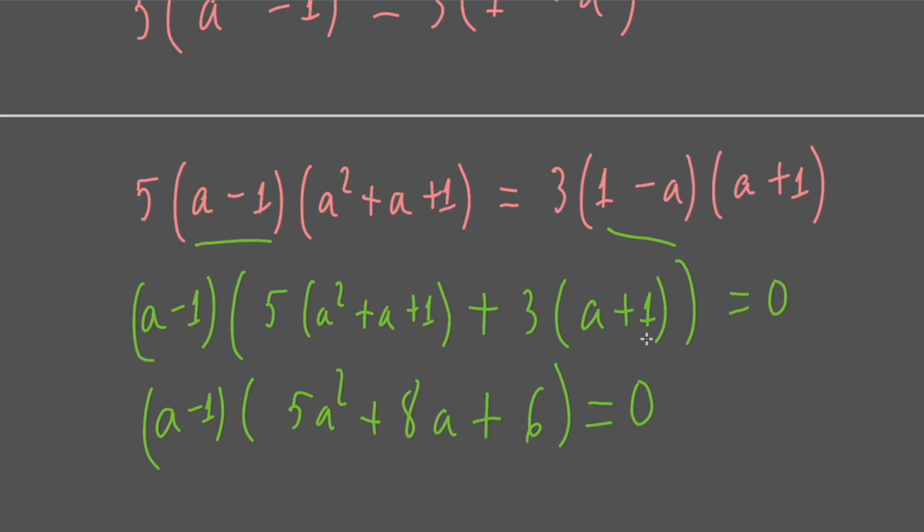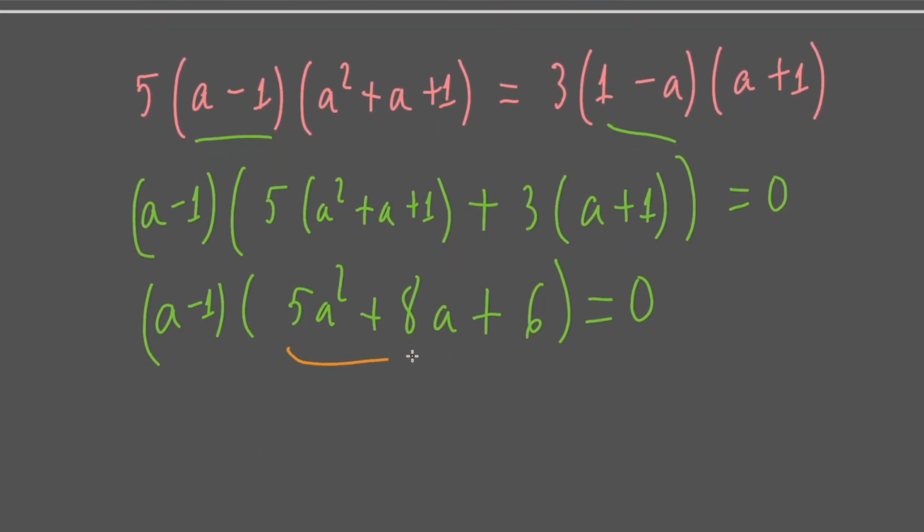Then we look at the equation. We have two factors. The first factor is a minus 1. The second factor is 5a squared plus 8a plus 6. Obviously, we can apply the quadratic formula and see that this is always greater than 0 and has no real roots.